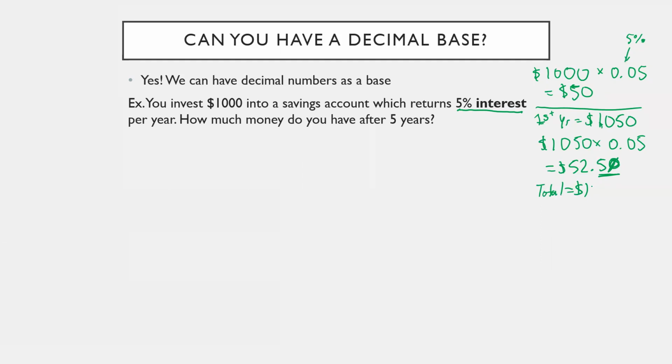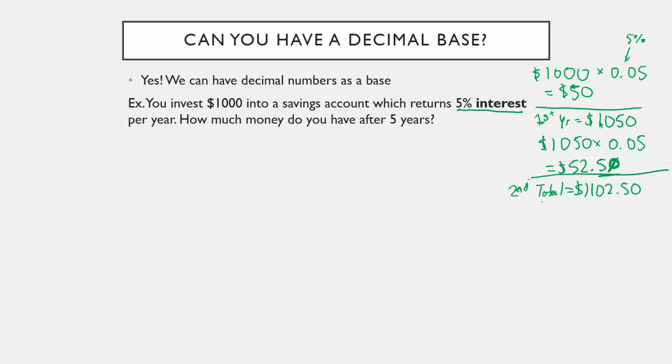So we actually end up with $1,102.50. So we end up with a little bit more money at the end of the second year. We're now on the second year, and this is what we ended up with, after the second year, this total.